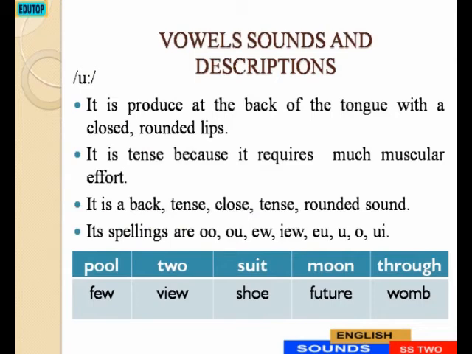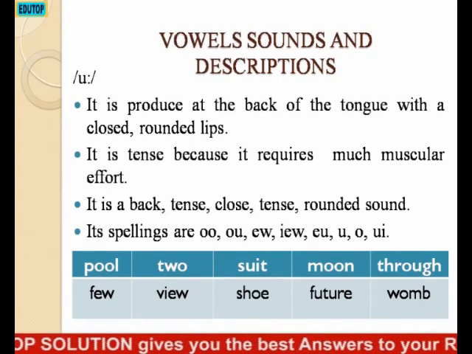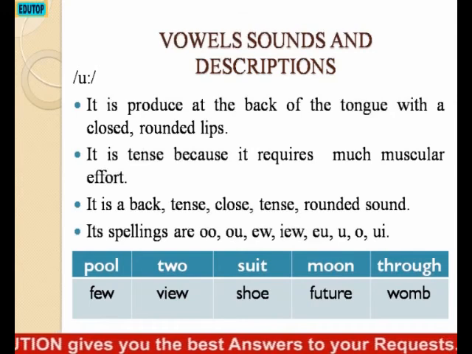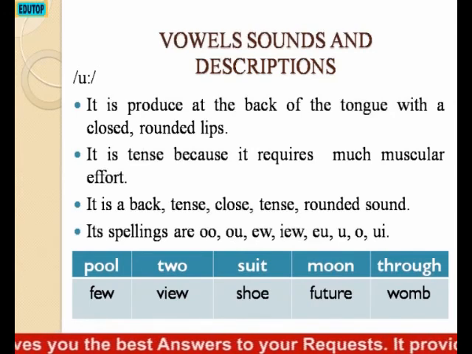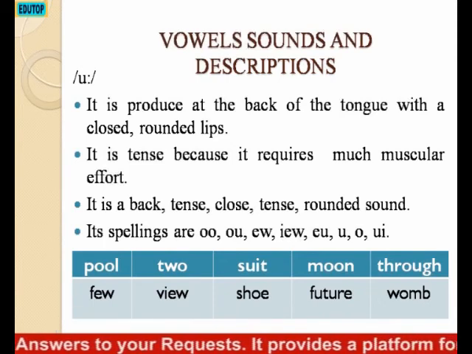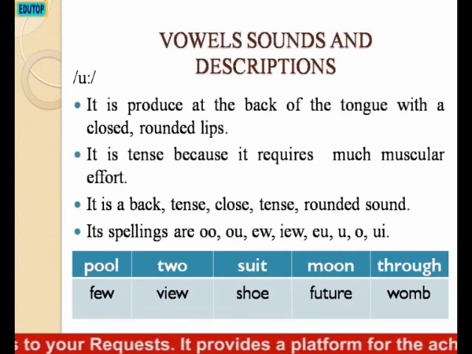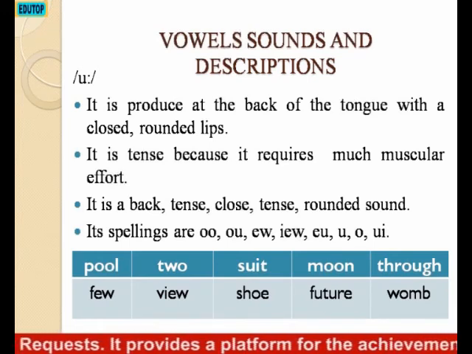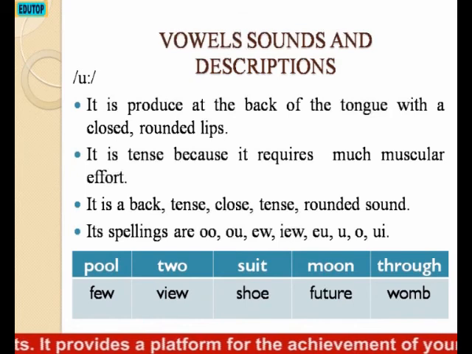This is different from the first one we mentioned. The difference is that we have a length mark at the back of this, which makes it a long vowel sound. It is also produced at the back of the mouth with rounded lips. It is tense because it requires much muscular effort. It is a back, tense, close, rounded sound, and its spellings include double O, OU, EW, IEW, EU, UO, and UI.